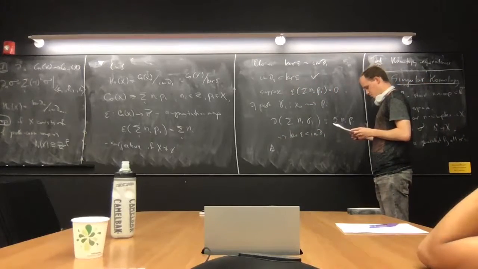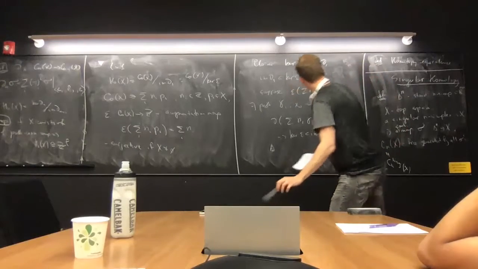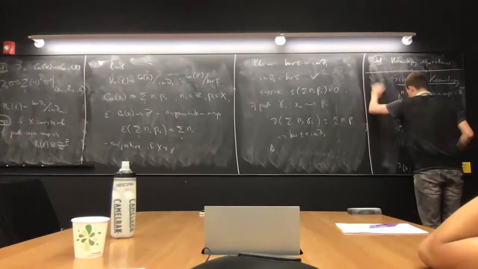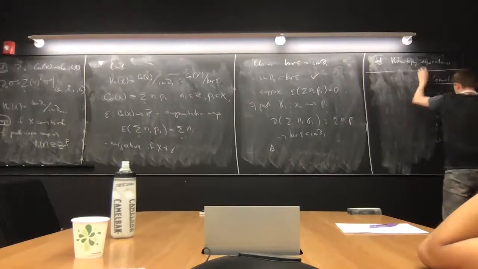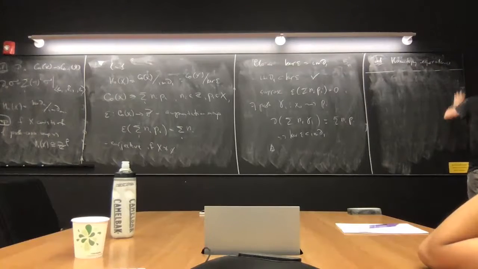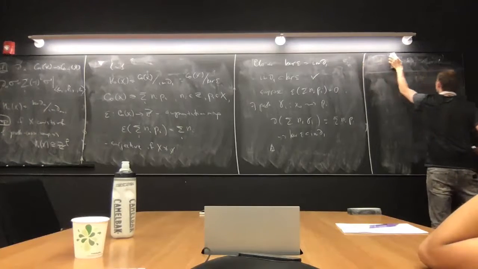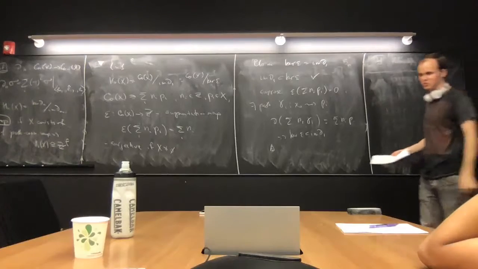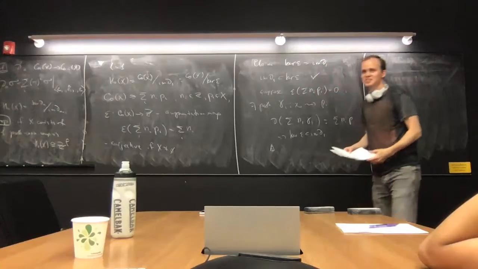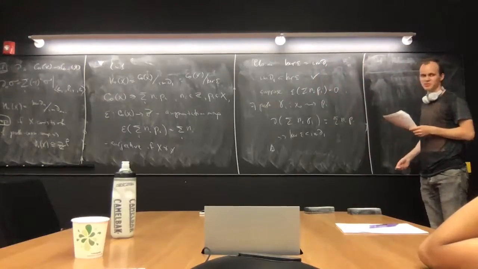Okay. And now another simple statement. We can compute the zeroth homology for any space, but we can also compute all homologies for a space which is one point, right?